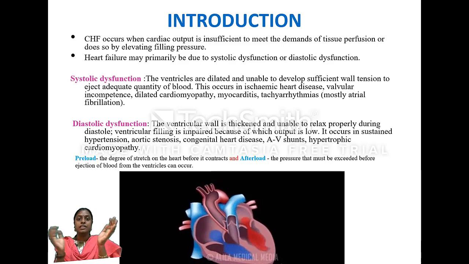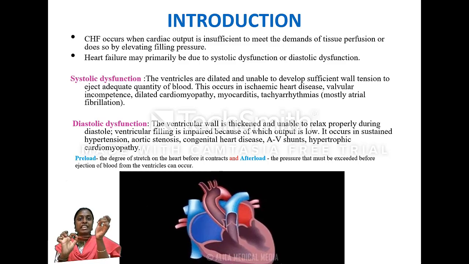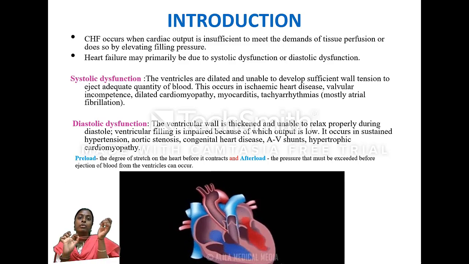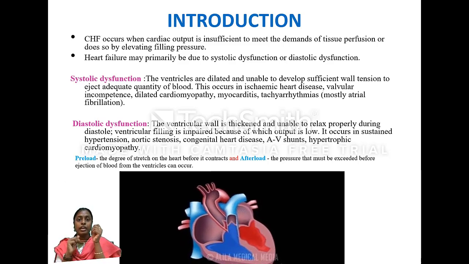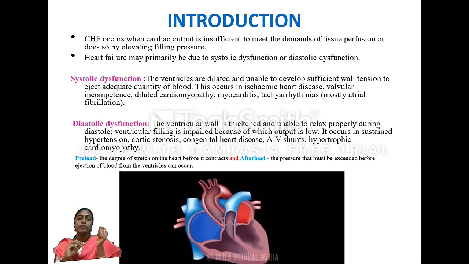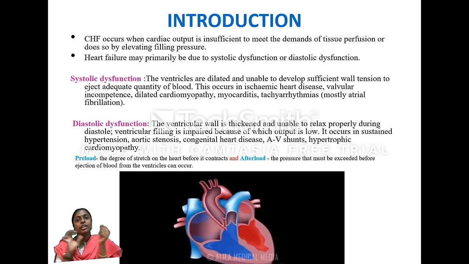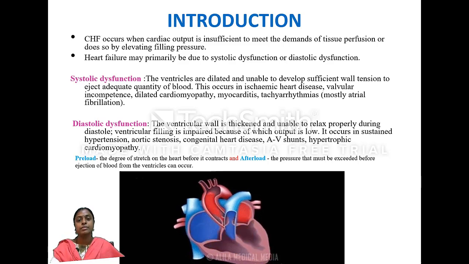If the ventricle is filled, only then can it contract sufficiently. If the filling is incomplete, how will it contract? Though it contracts, it won't have that pressure, right? Though my ventricle is contracting, if it is not getting sufficient blood, how will it push the whole blood outside? That's the one thing.